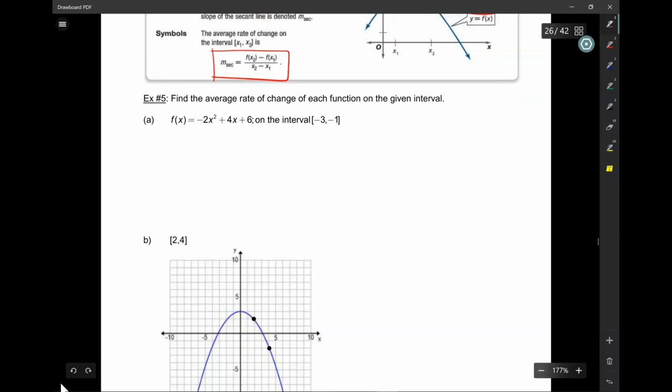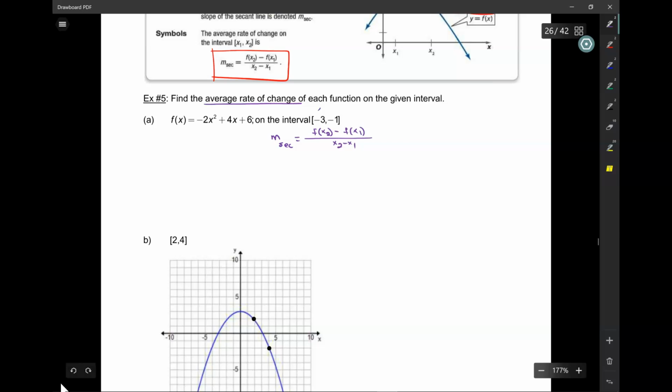We are going to find the average rate of change, which is the slope of the secant line. And it's f of x2 minus f of x1 over x2 minus x1. Okay, you're given the interval -3, -1.